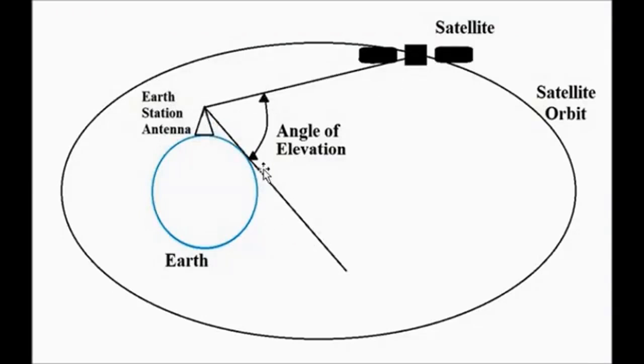This angle between these two lines is called the angle of elevation. The angle of elevation continuously keeps changing with respect to the position of the satellite at the different points in the orbital path.